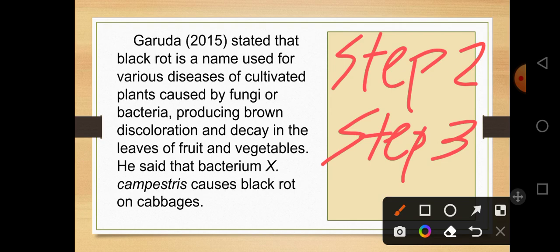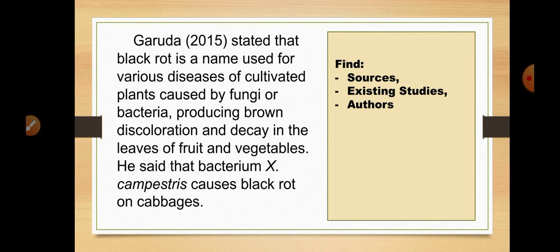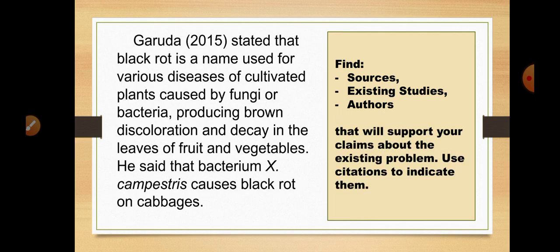So, after we have determined the existing problem, which serve as the main idea of our research, what you need to do is to find sources, you need to find existing studies, and you need to find authors that will support your claims about the existing problems.